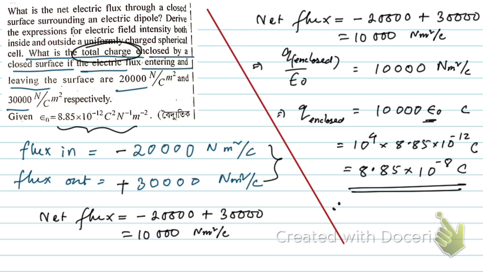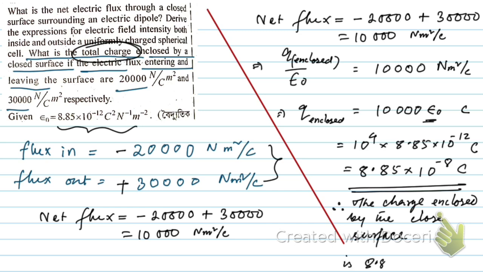Therefore the charge enclosed by the closed surface is 8.85 into 10 to the power minus 8 coulomb. So this is our answer. Hope you have understood this.